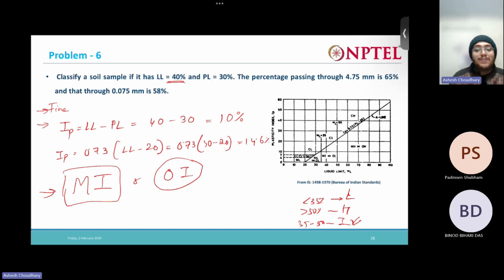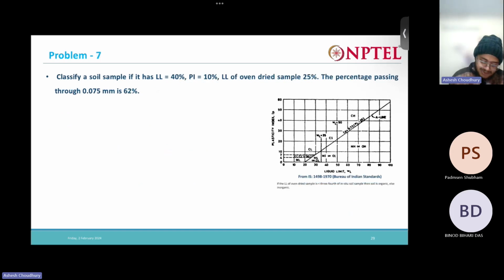No, no, no. Why 25%? It is 40% that is given, right? Liquid limit, that is different. That is a different portion. It is the liquid limit of oven dried sample. If you take the sample from the field and completely dry it, then you do the liquid limit test and you will have 40% liquid limit.